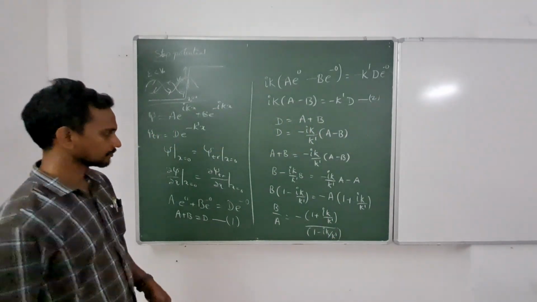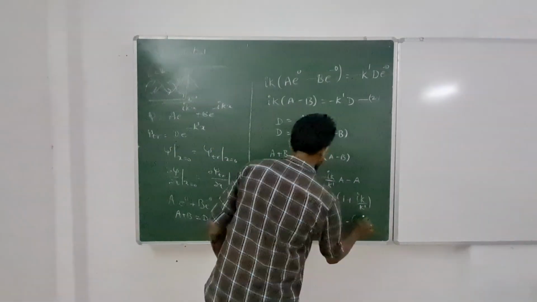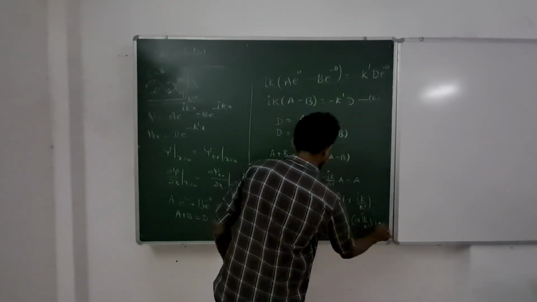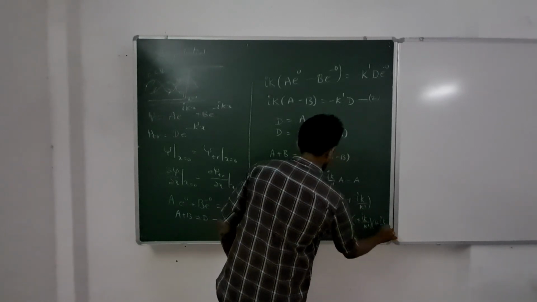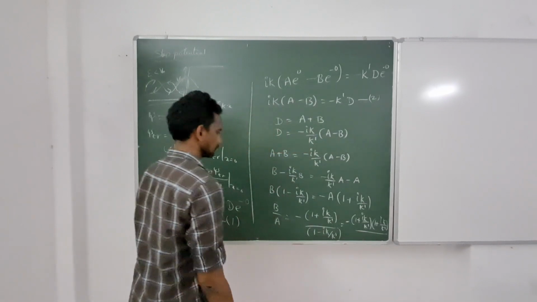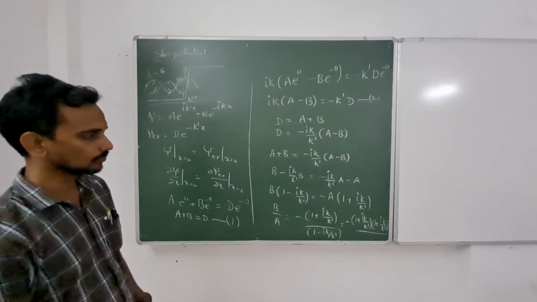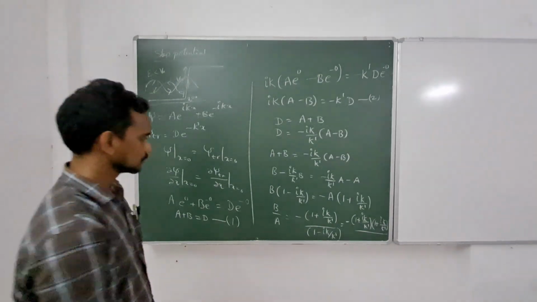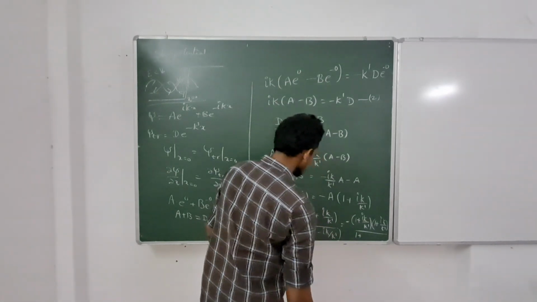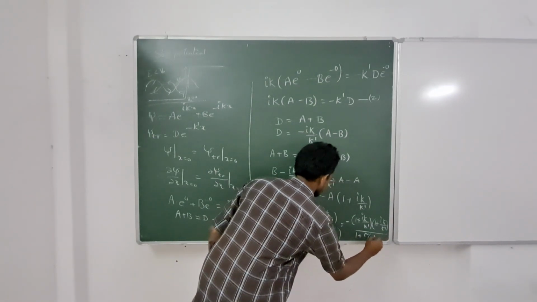Rationalization: multiply with 1 plus ik by k' on both numerator and denominator. So the denominator becomes 1 plus k square by k' square.